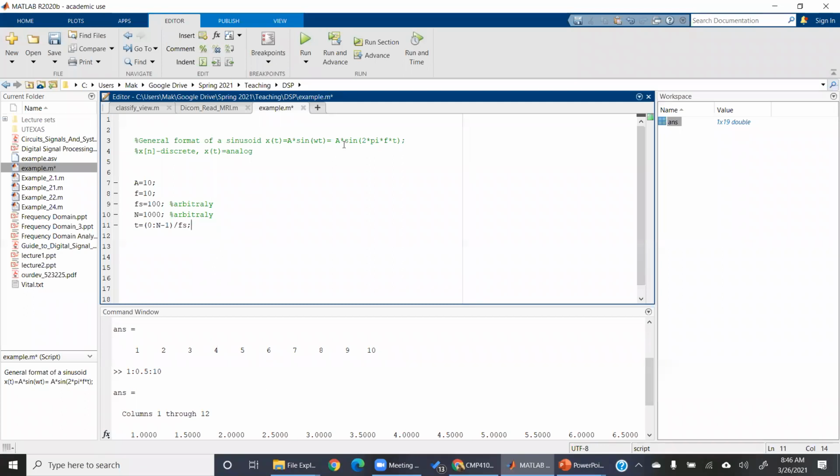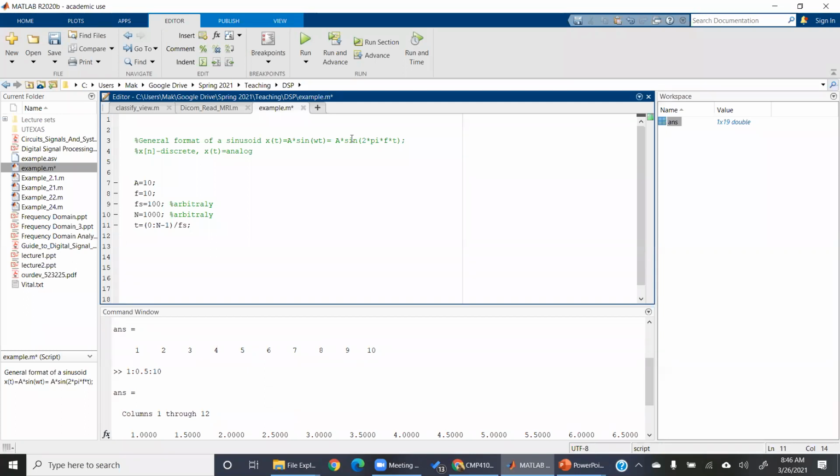Why we're doing this is we're trying to generate a sine wave, and you can't generate a sine wave using one time point. You need a series of time points, and that's why you need this time vector. At each of these times, you will apply the sine function to generate the corresponding value, the dependent value on the vertical axis.